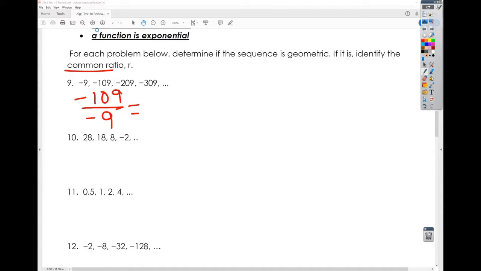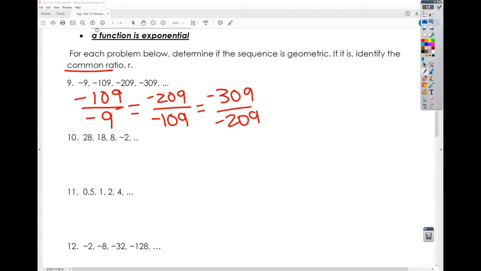So I need to check and see, is negative 109 divided by negative 9 equal to negative 209 divided by negative 109? And then is that going to be equal to negative 309 divided by negative 209? Those fractions are actually not equal to each other.